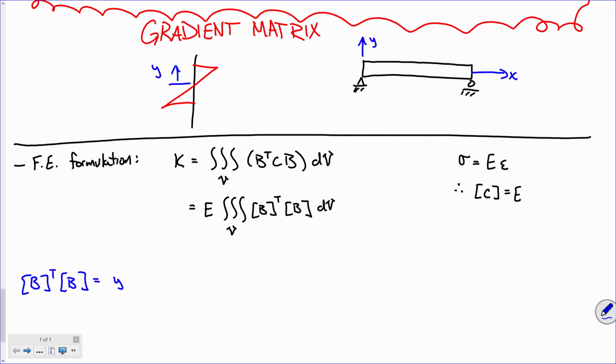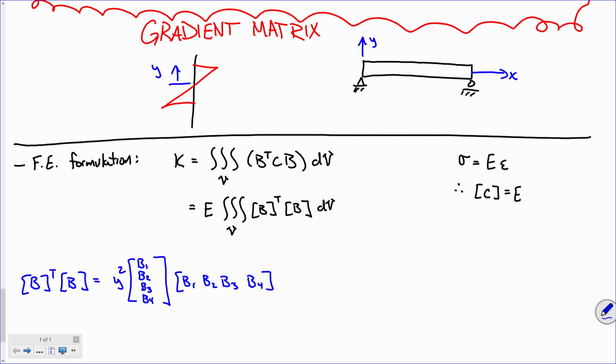I've got Y times B transpose times Y times B. So really what I have is y squared times that. Everybody good?